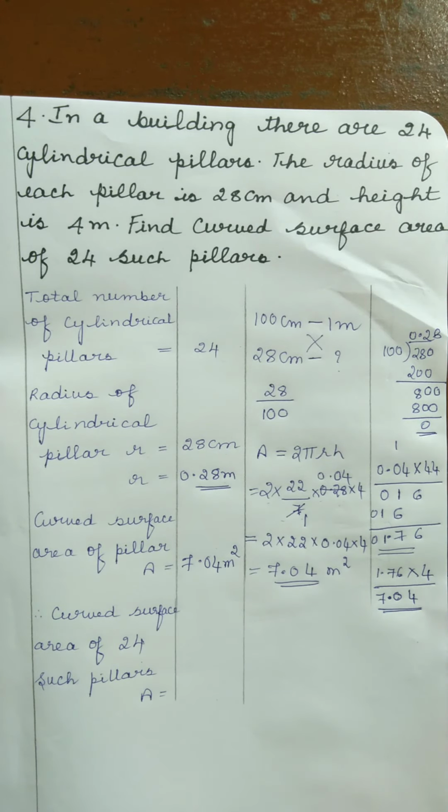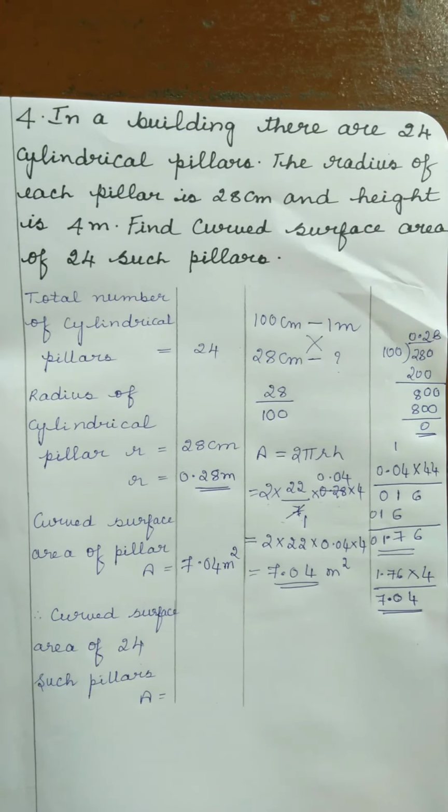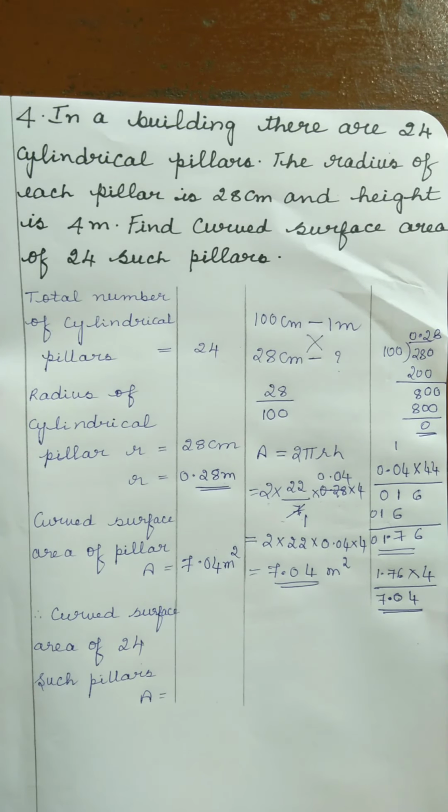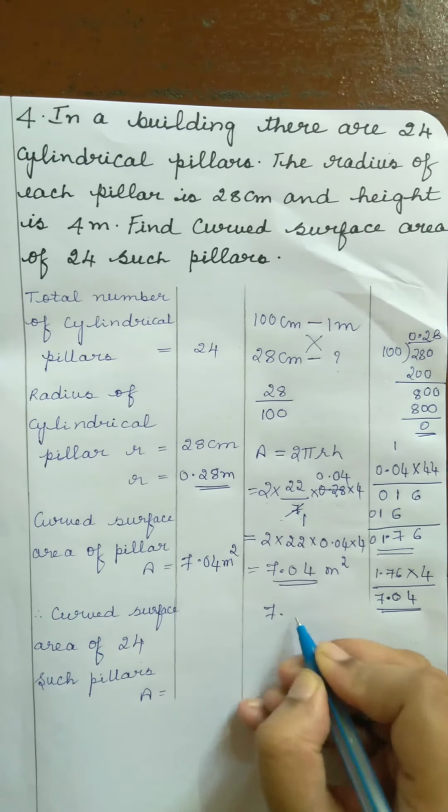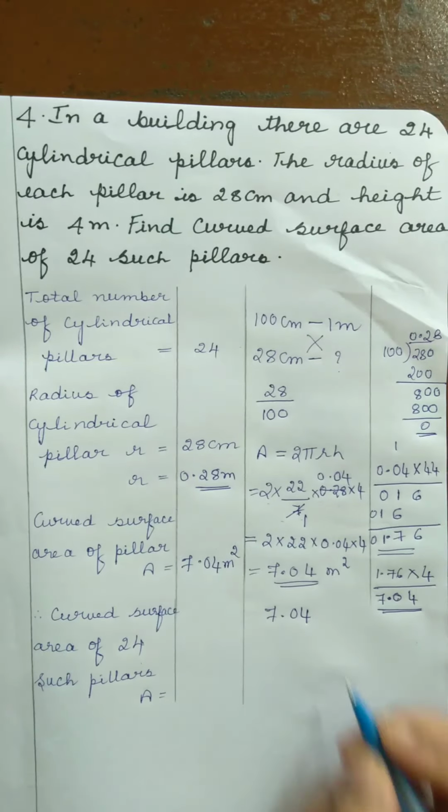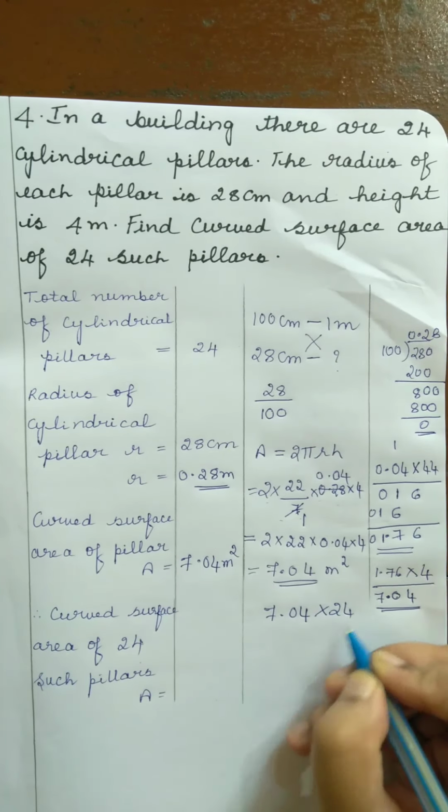What do we need to find out? We need to find out the curved surface area of 24 such pillars. Now, we had found out the curved surface area of one pillar, that is equal to 7.04 meter square. Now we have to find out the curved surface area of 24 such pillars. Therefore, 7.04 into 24.